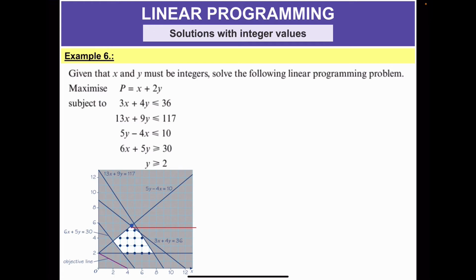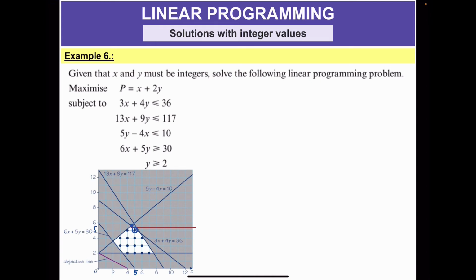So that tells you that you need to locate the nearest point to this blue point that has integer coordinates. By observation, you can see when I move this objective line, the purple line, the last point from the feasible region that has integer values would be this one. And then you can read the solution easily because it's 5 and 5.